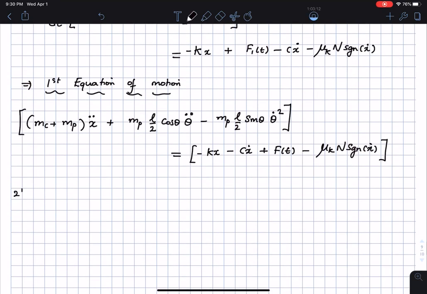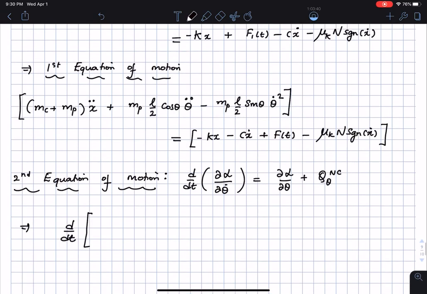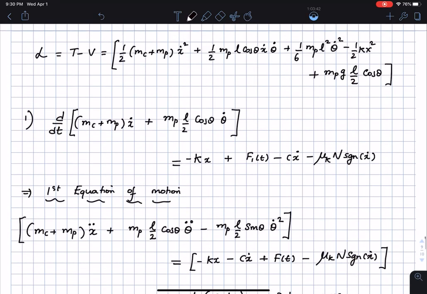Then the second equation of motion, for that we have to consider d by dt of dl by d theta dot is dl by d theta, and then q theta non-conservative. And so this is going to be d by dt of, if I go back to the Lagrangian here, I considered the terms containing theta dot.